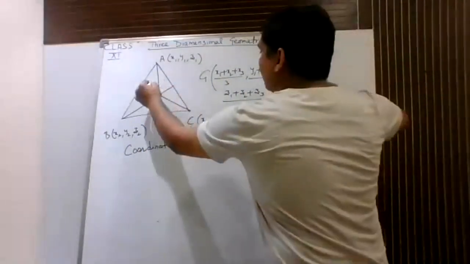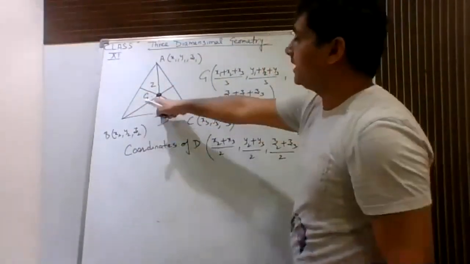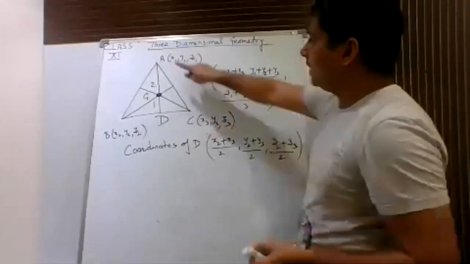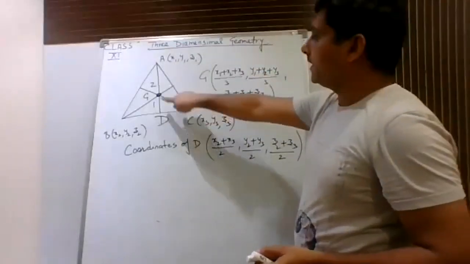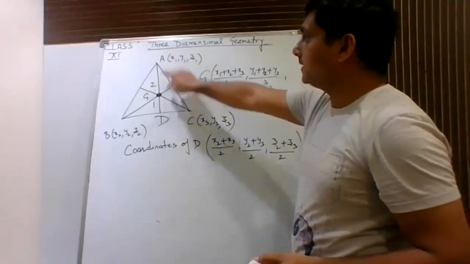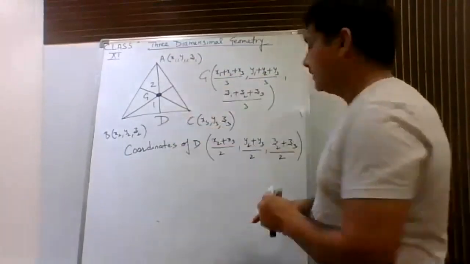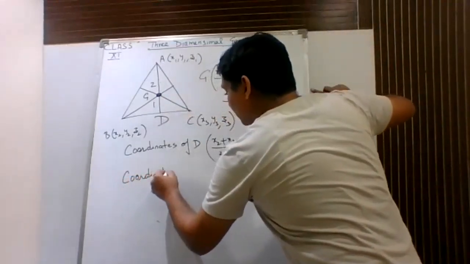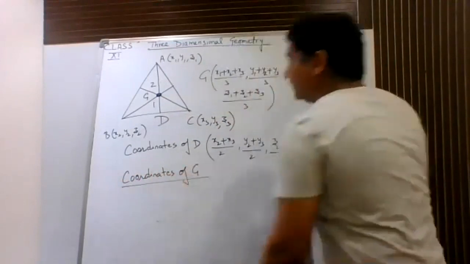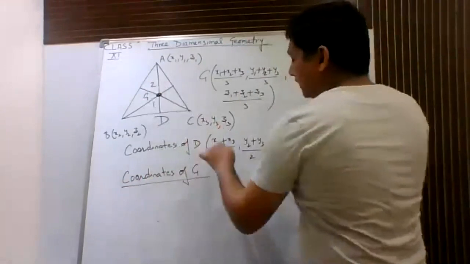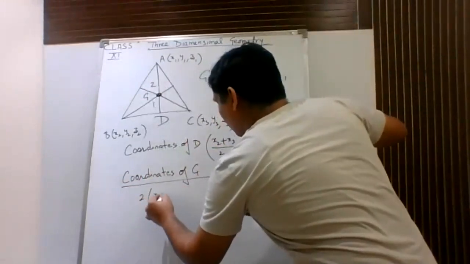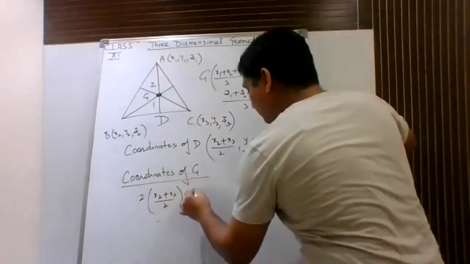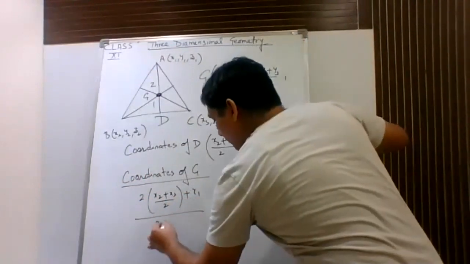Now you know that this is the property of the median, that G divides AD in the ratio of 2:1. Now let us apply the section formula on AD, and we will get the coordinates of G, which divides AD in the ratio of 2:1. So the coordinates of G: 2 into x2 plus x3 upon 2, plus 1 into x1, whole upon 2 plus 1.